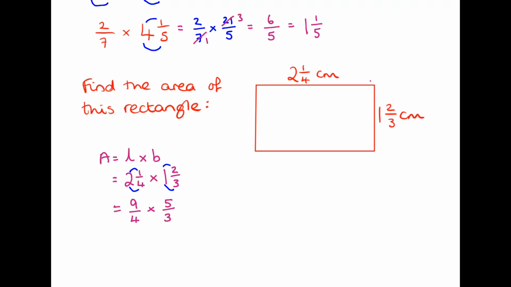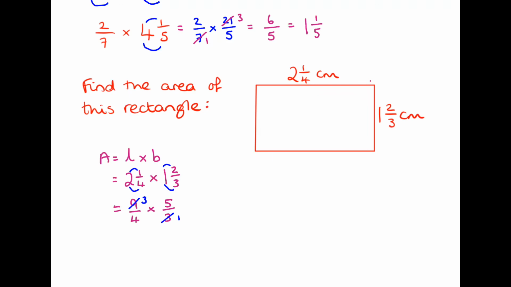Okay, so looking to see if we can cancel within the fractions. 9 and 4 won't cancel, and 5 and 3 won't either. So we look across the multiplication sign and see if there's any cancelling to be done there. And we can see that 9 and 3 are both in the 3 times table. So if we divide 9 and 3 by 3, 9 divided by 3 is 3, 3 divided by 3 is 1.